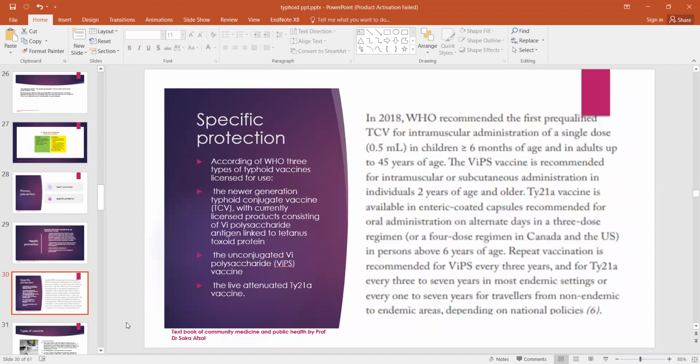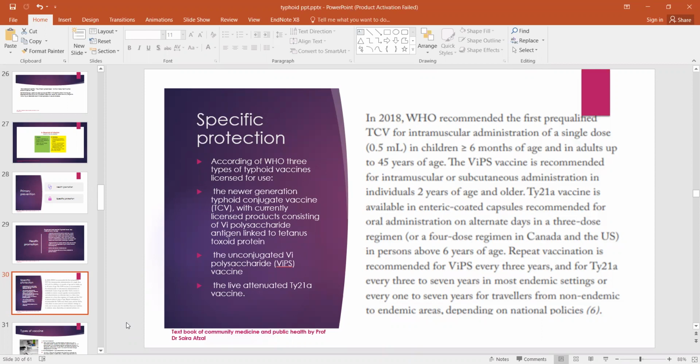And in specific protection, there is vaccination, and there are three types of vaccine. In 2018, WHO recommended the first pre-qualified typhoid conjugate vaccine for intramuscular administration of a single dose in children more than 6 months of age and in adults up to 45 years of age.